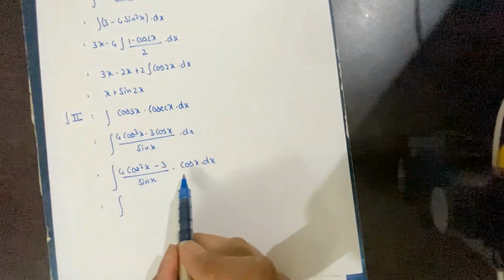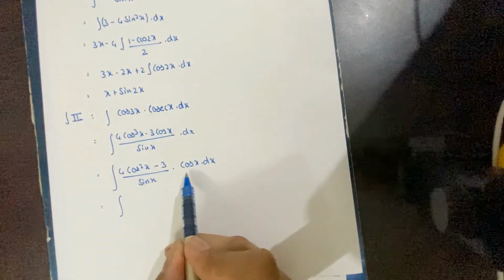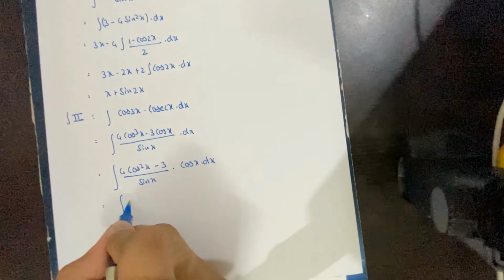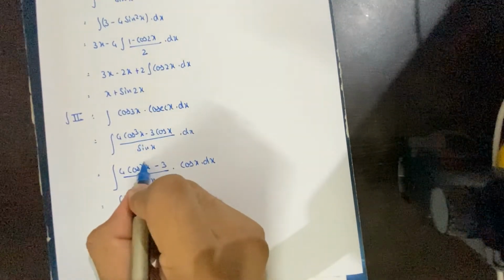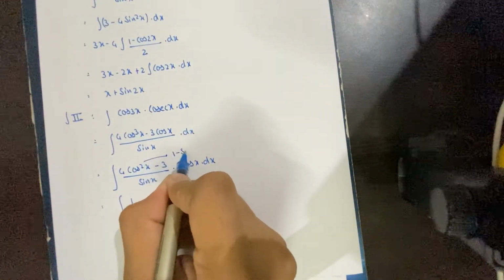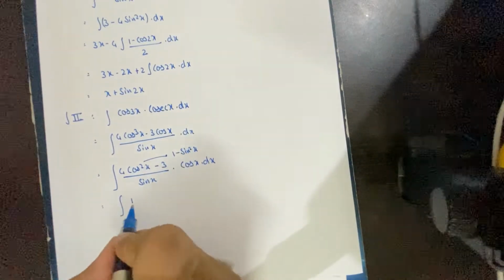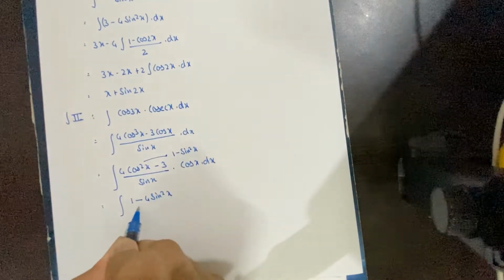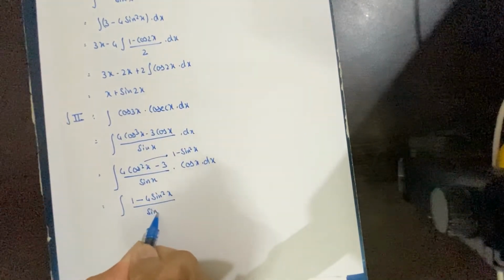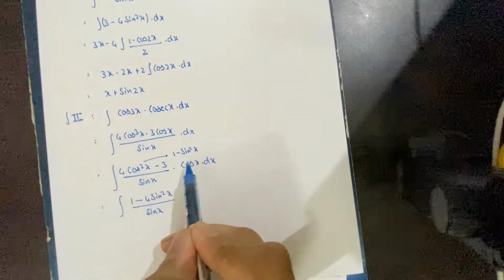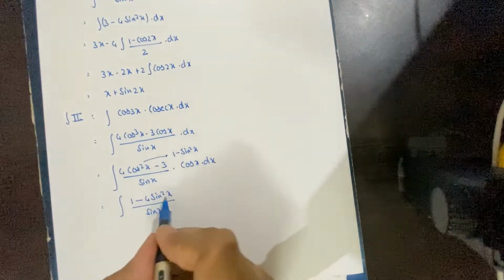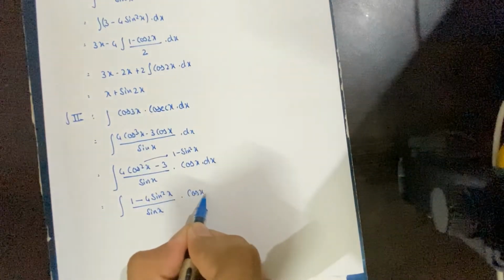We can assume sin x as u and cos x dx as du and solve it. Cos square x is 1 minus sin square x, obviously, so this becomes 4 minus 4 sin square x minus 3, that is 1 minus 4 sin square x by sin x, times cos x dx.